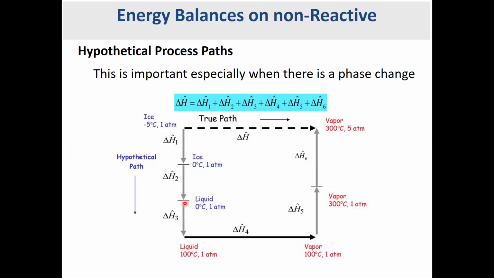So still here we have the changes of the temperature when the pressure is constant, and the phase is similar. From here to here, we just change the phase from liquid to vapor at the same temperature and pressure.